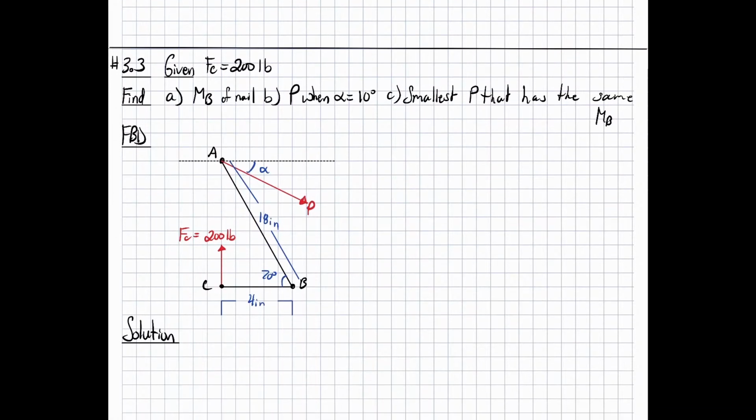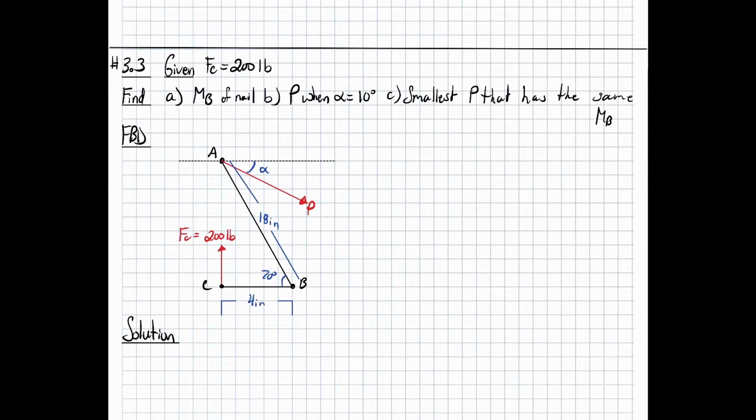Okay, so for our next problem, chapter 3, this deals with moments. So we're going to go over 3.3. They gave us that a force at C is going up vertically of 200 pounds. So if you look at the picture in your book, this is basically just a little bar with a nail that's at point C, and they're trying to pull the nail out so they can remove the bar.